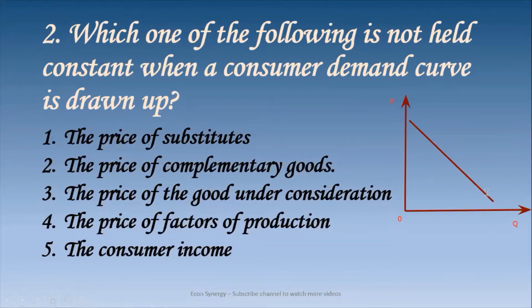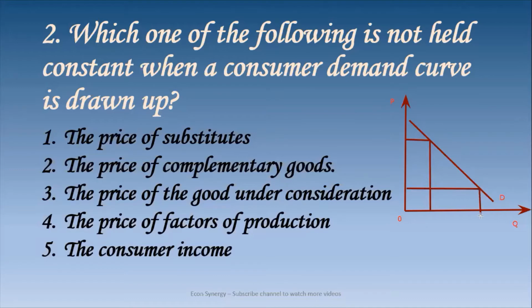When the demand curve is drawn, we assume all the other factors affecting demand remain constant, only the price changes. That's why a downward sloping demand curve can be seen. If the price is high, quantity demanded is less, right? At lower prices, quantity demanded is high.